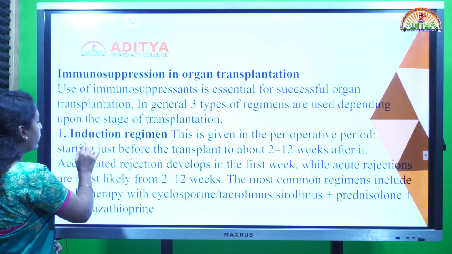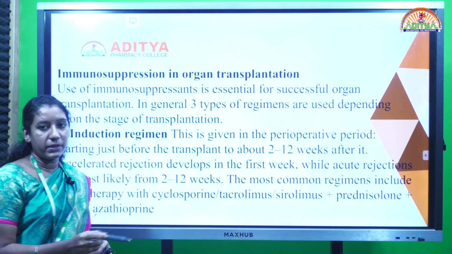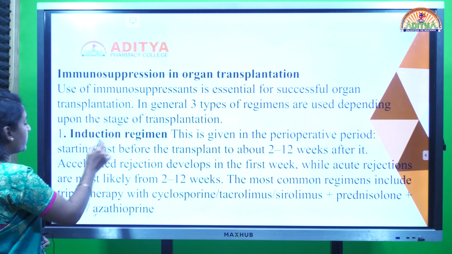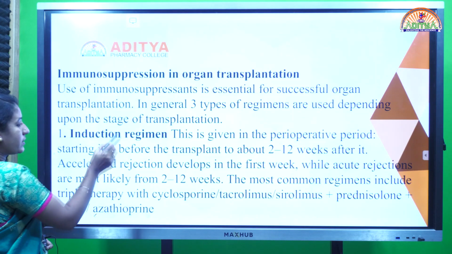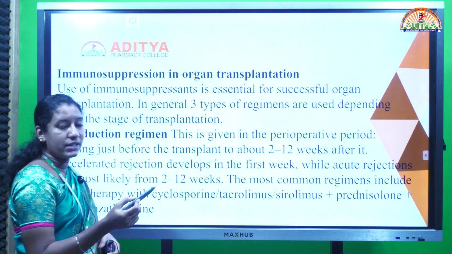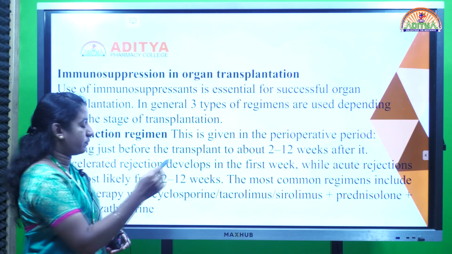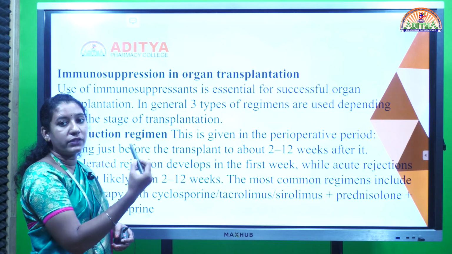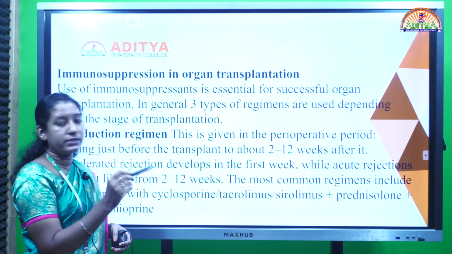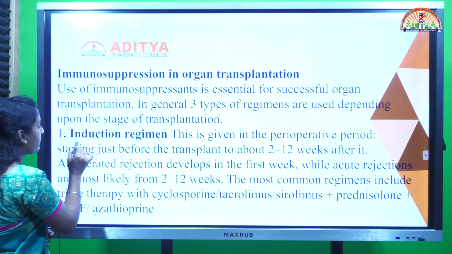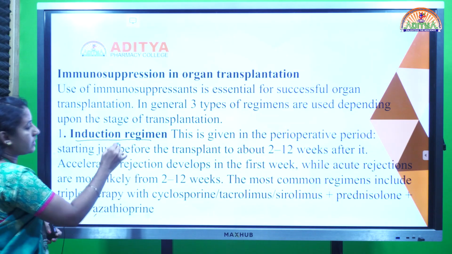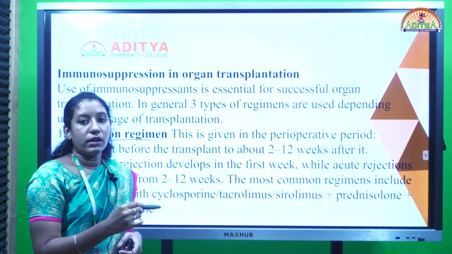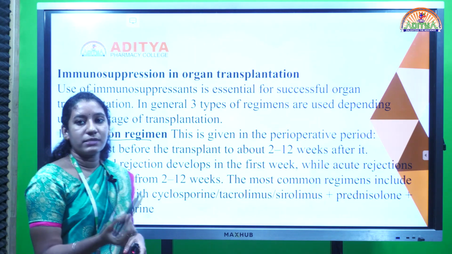We have to give these immunosuppressants before the transplantation, about 2 to 12 weeks before, and this course has to be continued after transplantation for up to 2 to 12 weeks as well.